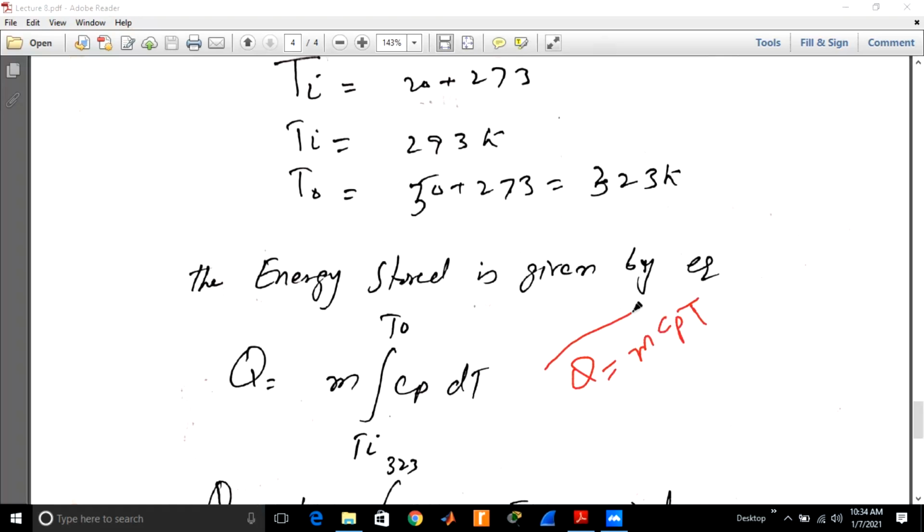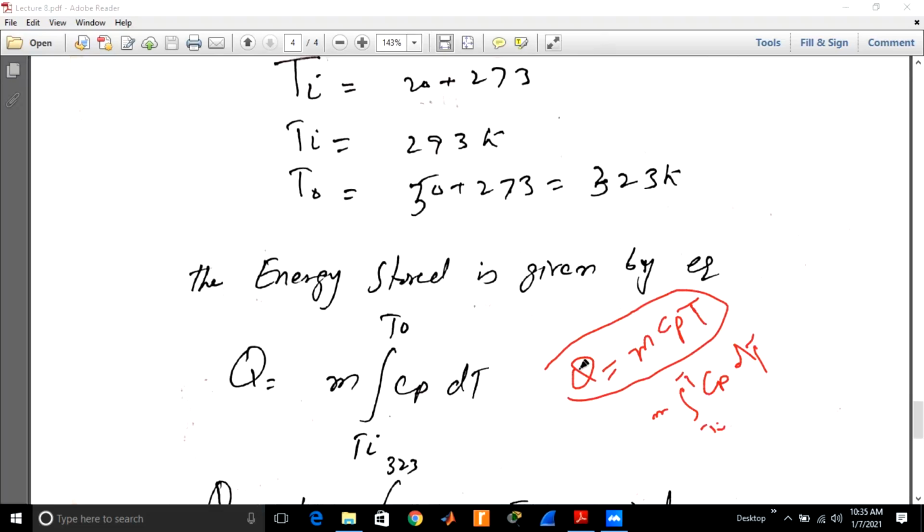So when it varies, you can convert this into an integration. For example, m is constant, integral from the initial value to the final value, and this is dT. dT means temperature is variable.